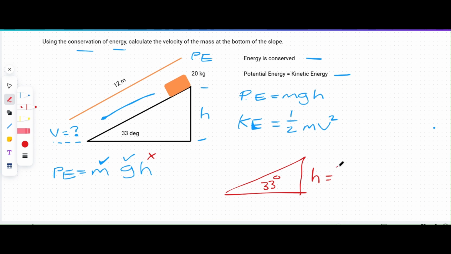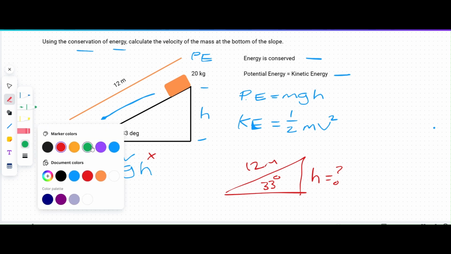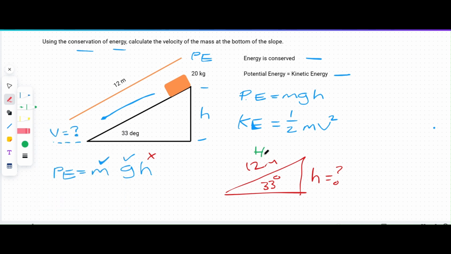I don't know what it is. I know this is 12 meters. That's height, by the way, not hypotenuse. So this length of the triangle is hypotenuse, isn't it? Hype. I'll put hype. Okay.